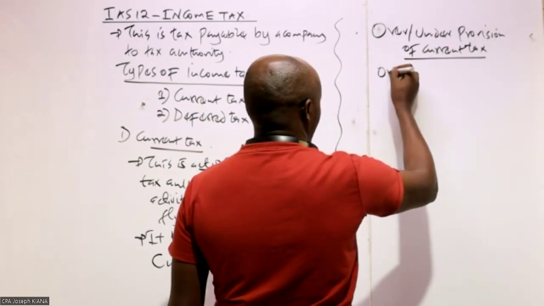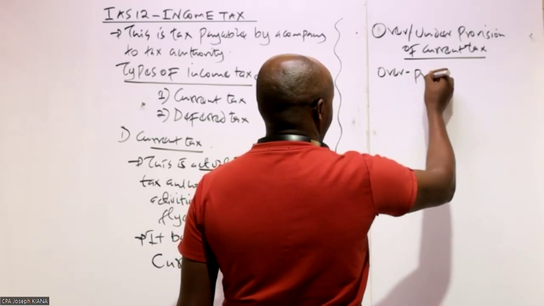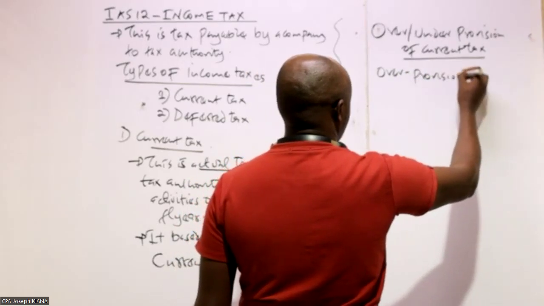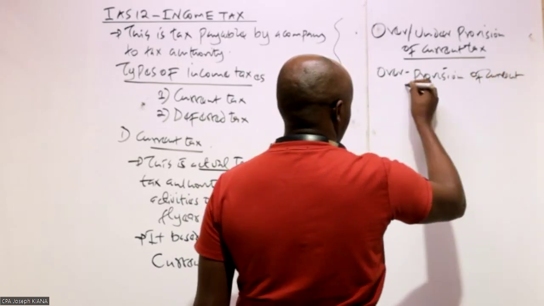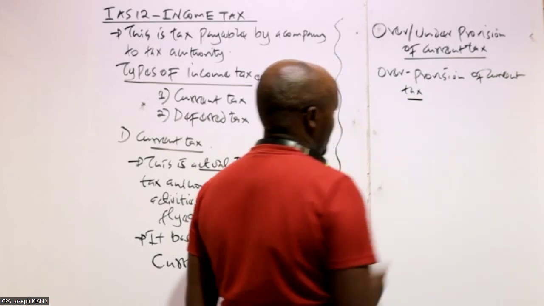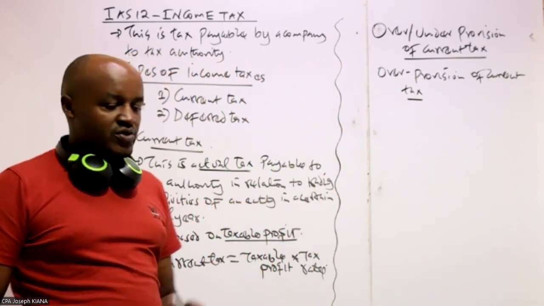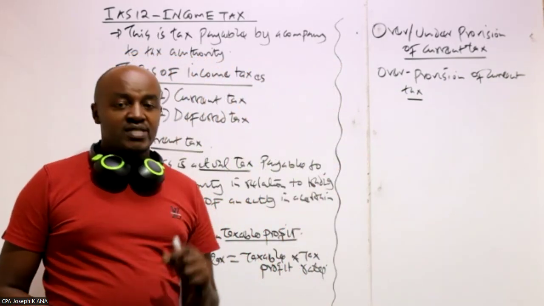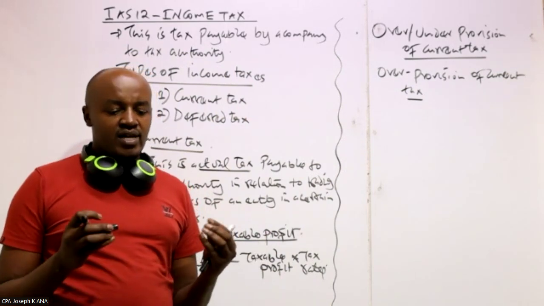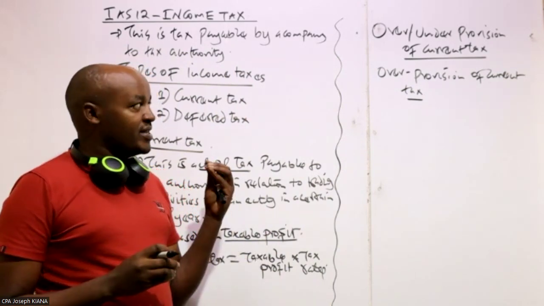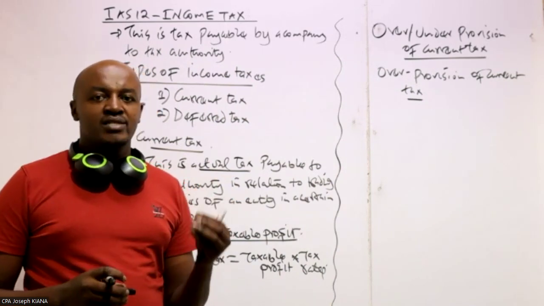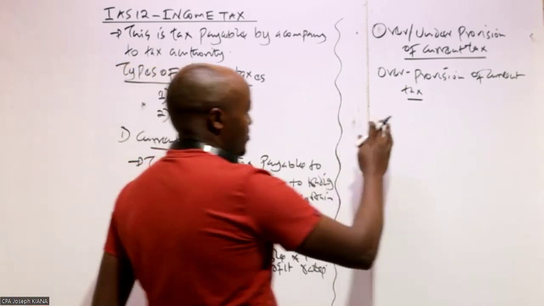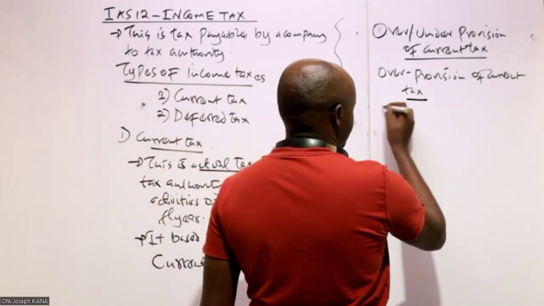Number one, the over provision of current tax arises because the provision which was created by a business entity when the financial statements were prepared at the end of the year was more than the actual tax to be paid.